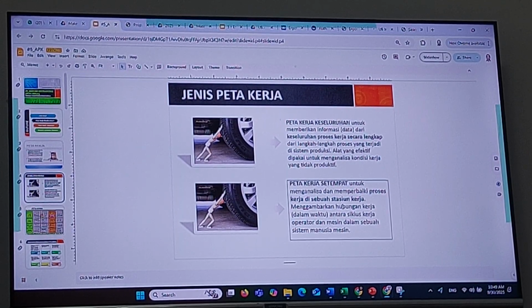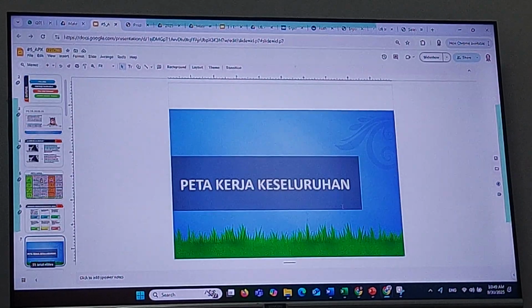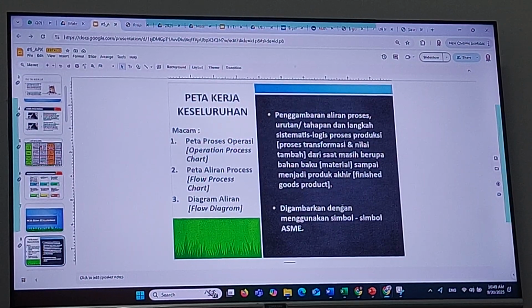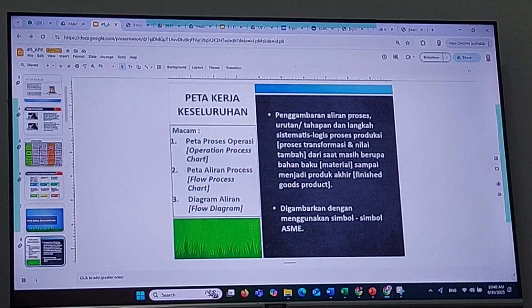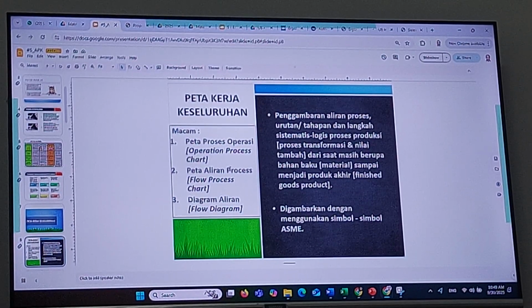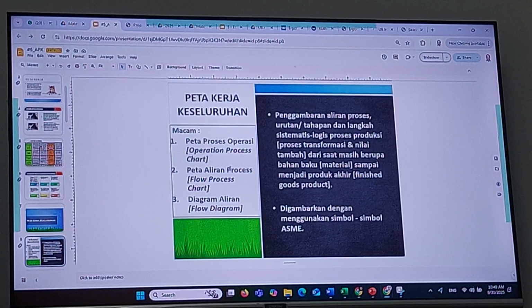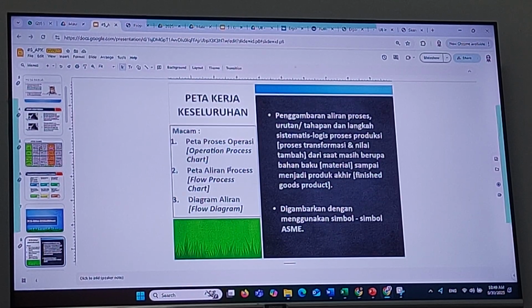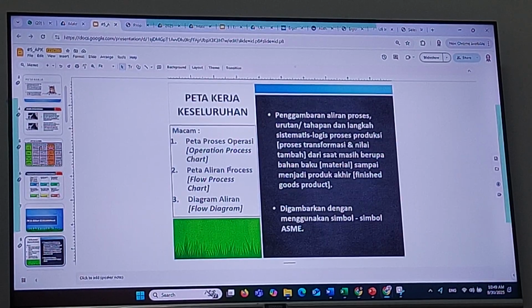So in the overall process map, we have three types. The first is the operation process chart, OPC. I think it's common, and you will use this chart until the end of this study, because many practicums and many courses also need the OPC.